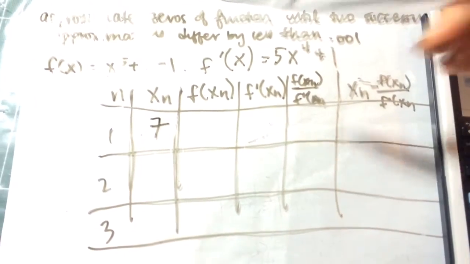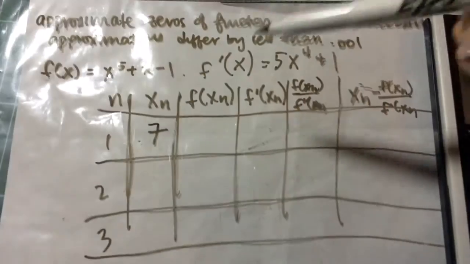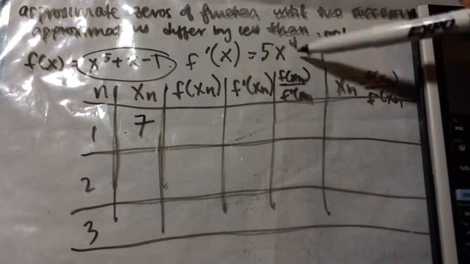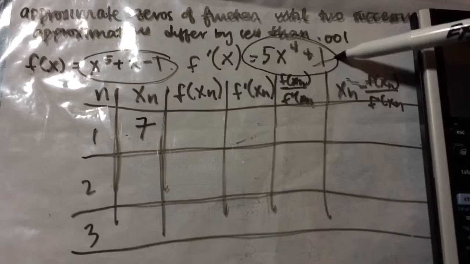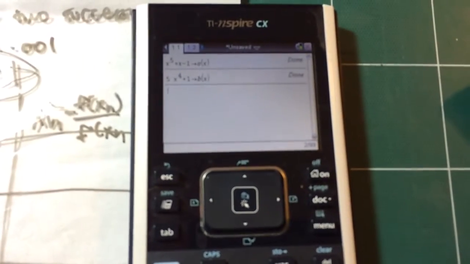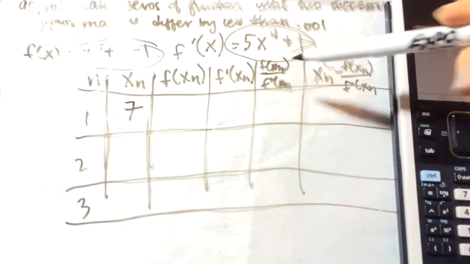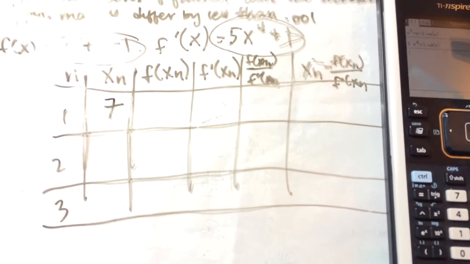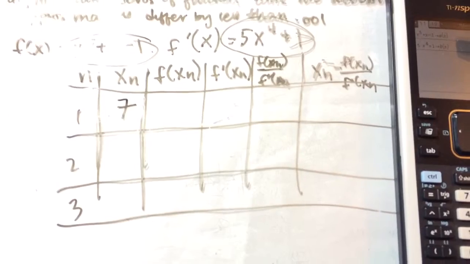And then I'm going to store the function and the derivative of the function into little values in the calculator like so. And then I'm just going to plug everything in with the calculator, divide things for this column, and subtract values for this column as best as I can.